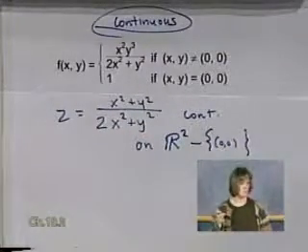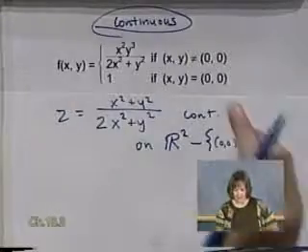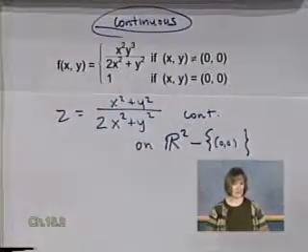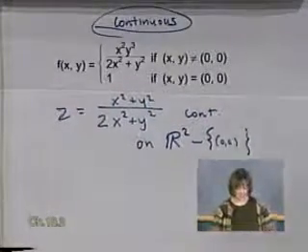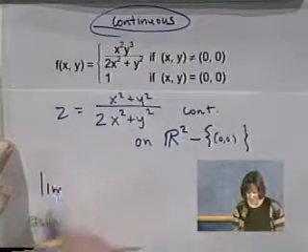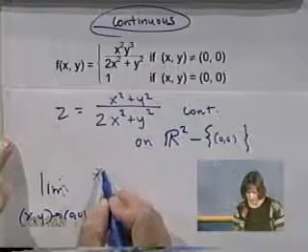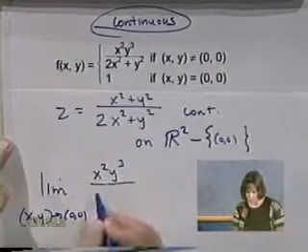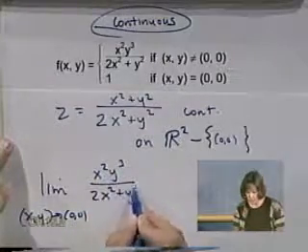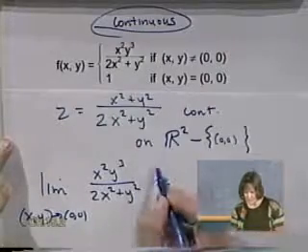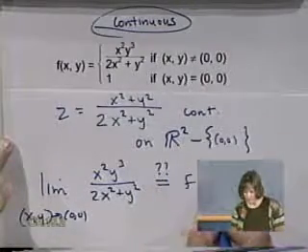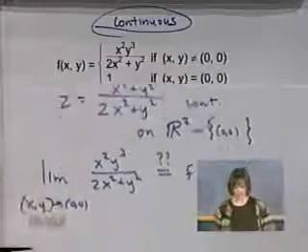But now some smarty pants has come along and said, well, let's define it at 0, 0 to be 1. So the question is, if I take the limit as x, y approaches 0, 0 of x squared y cubed over 2x squared plus y squared, will this equal f of 0, 0, which is 1?